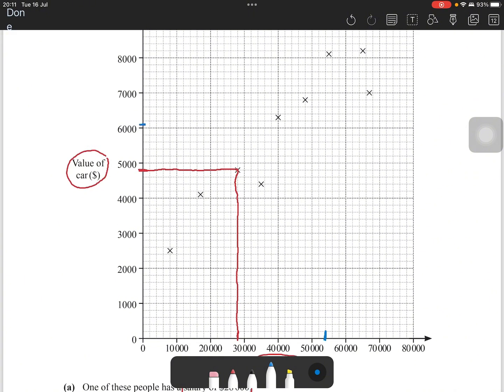It's between 6,000 and 6,200. So that point is the intersection of these two lines. So it should be here.